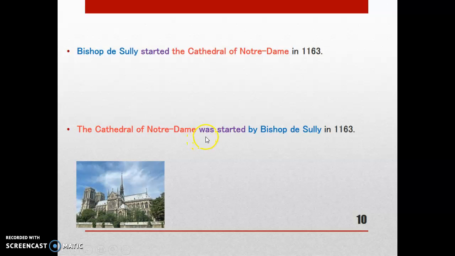In this case, we use was because it is a place. The Cathedral of Notre Dame could be replaced by it, and we all know that it is used with was.